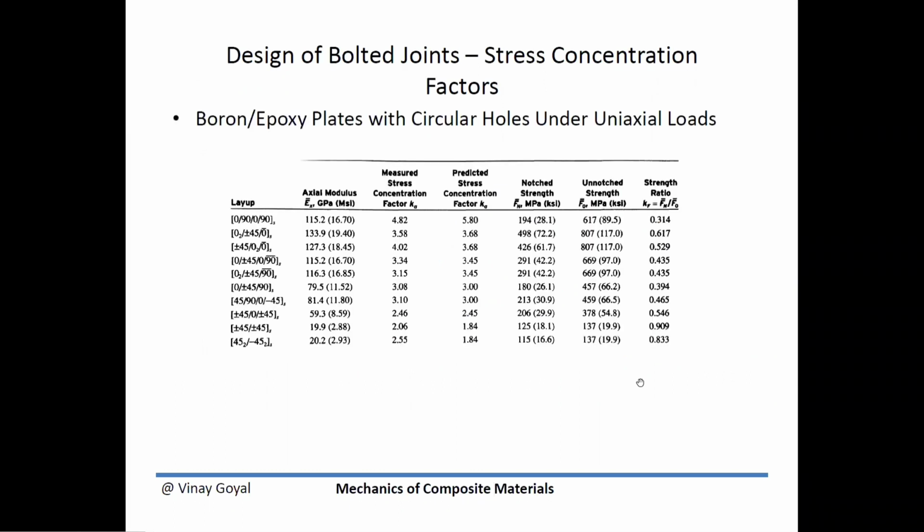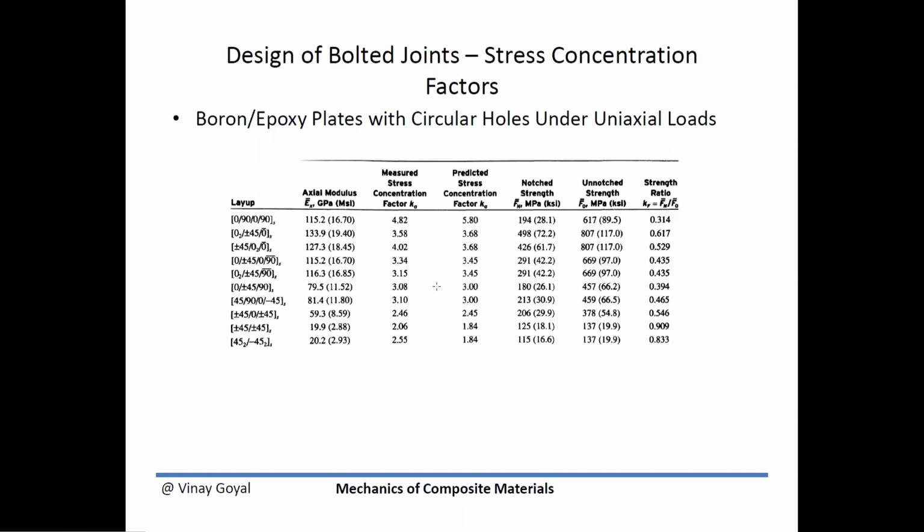I want to point out a few things here, but first I want to show you the measured stress concentration compared to the predicted stress concentration for various layups. And this is for graphite epoxy. What you see here is that the stress concentration is consistently higher in many cases, for many different ply stacking sequences.